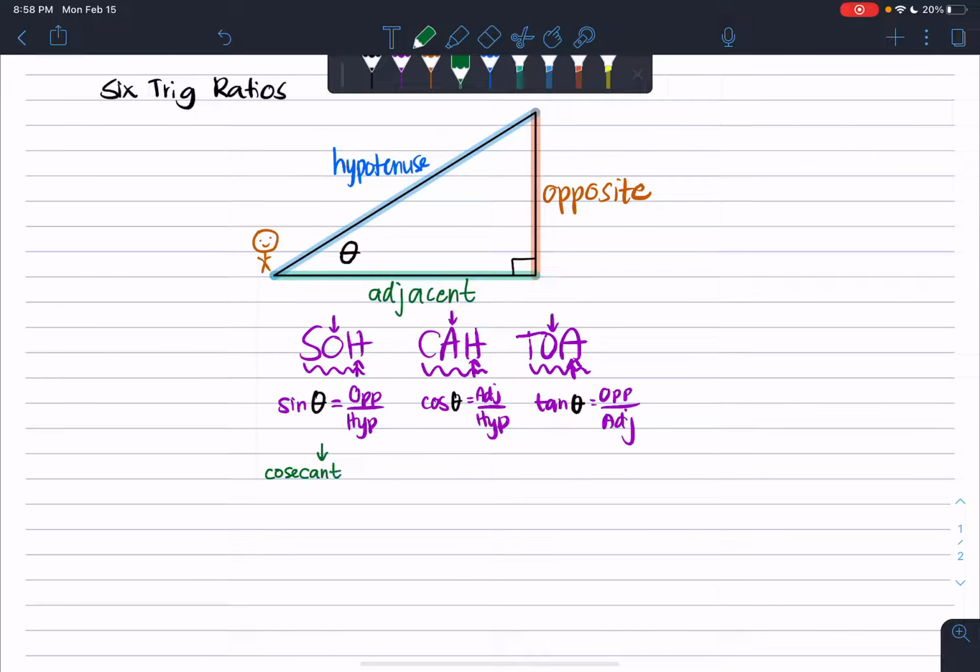Cosecant. And again, we're going to use 3 letters to abbreviate that. We can rewrite it as CSC. So cosecant of theta is equal to the reciprocal of sine, meaning it's just the hypotenuse over opposite.